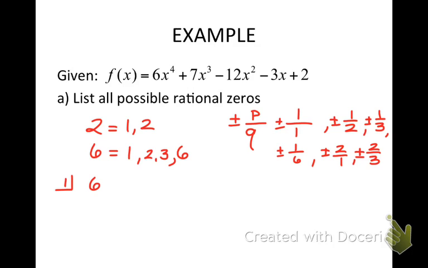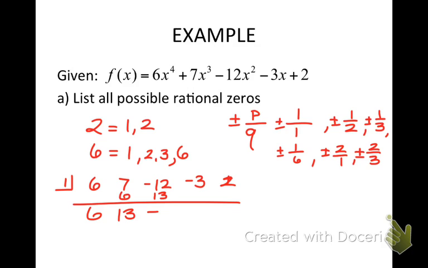So I would have 6, 7, negative 12, negative 3, positive 2. 6 plus 7 is 13, 13 minus 12 is 1, 1 minus 3 is negative 2, negative 2 plus 2... Is that going to get me a remainder of 0?